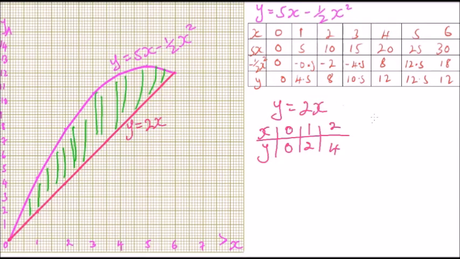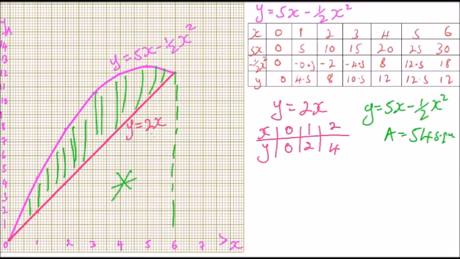So we already got the area under y equals 5x minus a half x squared, which is 54 square units. So we need to find the area bounded by the curve. That includes all the area down to the x-axis. So we need to find the area under the line y equals 2x, and we subtract this from this area so that we are left with this area that I'm shading here.